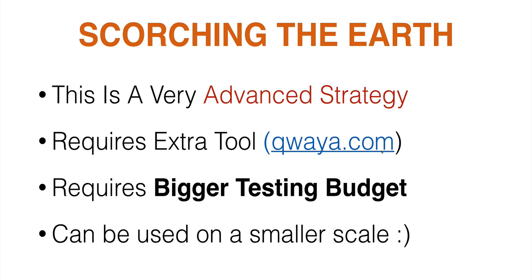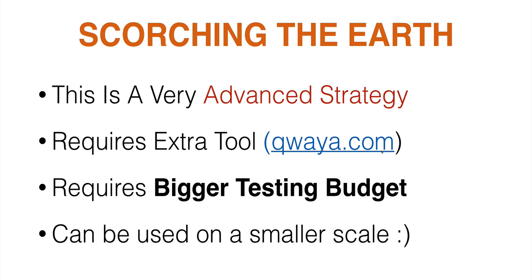All right, and this does require a bigger testing budget. So you're not going to be starting out with $5 if you're using the strategy. You'll probably be starting out with $100 or $200, okay? So you're kind of throwing a bunch of stuff at the wall and seeing what sticks.